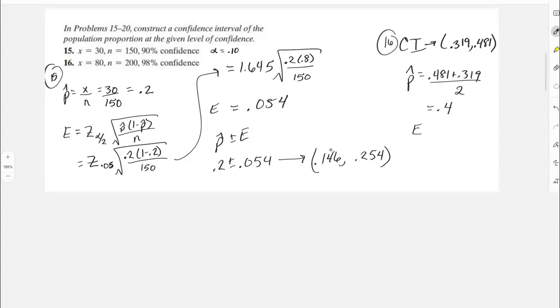And if I wanted the error, it's going to be upper minus the lower divided by 2. So if we wanted to write a sentence that summarized everything, we could say we are 98% confident that the true population proportion is between 0.319 and 0.481.